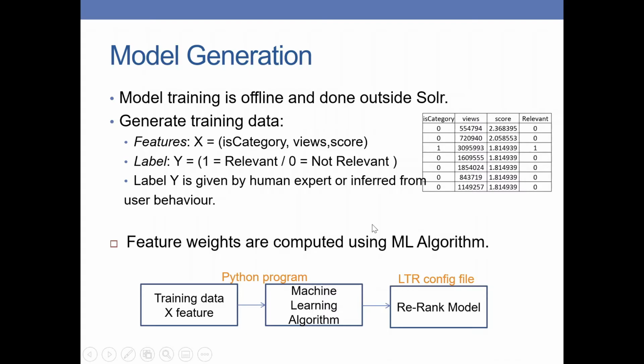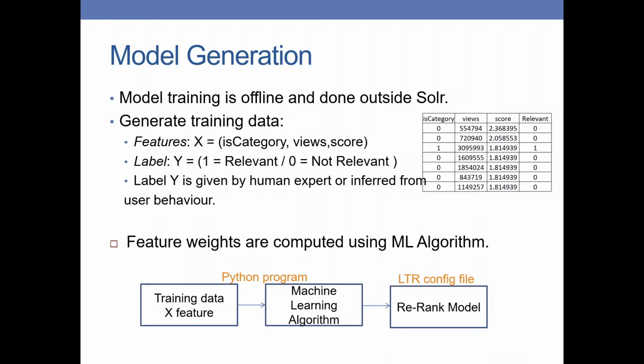Then our normal way is like any machine learning training process: you read the CSV file and run it through the machine learning algorithm. Here I've used a Python program to do this training. Once you do that, you will get the weights or the coefficients. That coefficient you update in the SOLR LTR model configuration file.